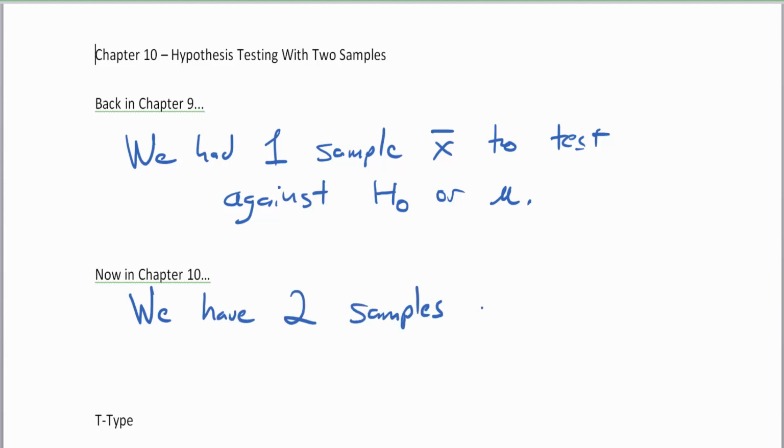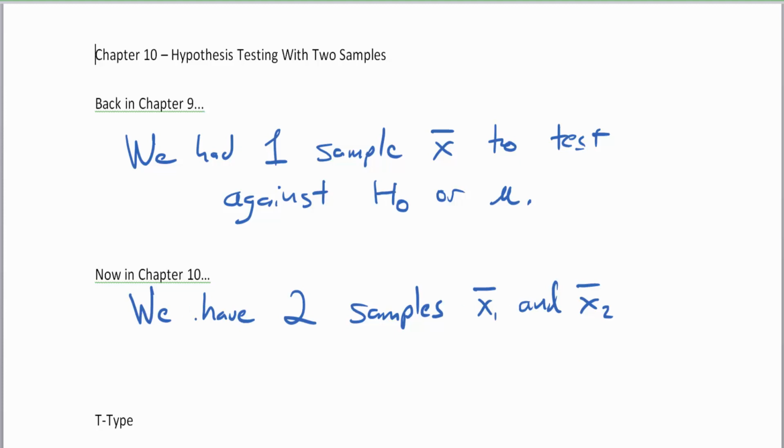And we're going to show you those samples as x bar sub 1 and x bar sub 2. So we're going to have 2 samples from the population, and most likely from the normal population, so we can run these proper tests. And these 2 populations have averages. And in theory, they should have the same average, or not statistically different.